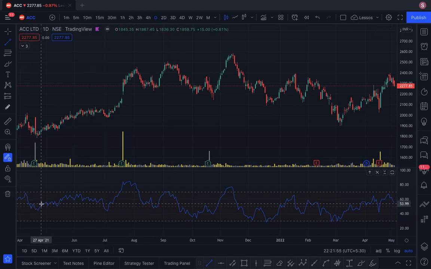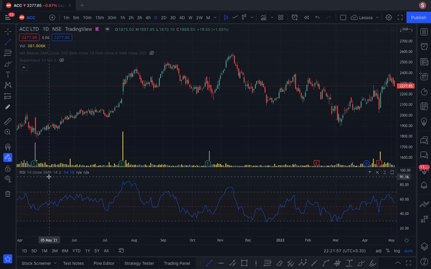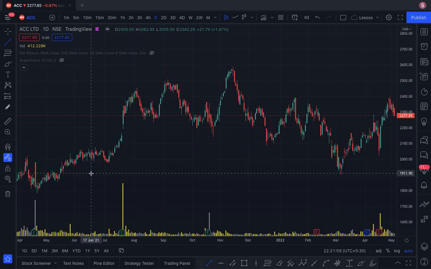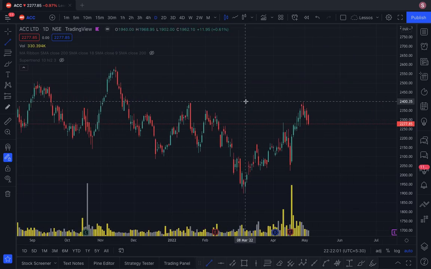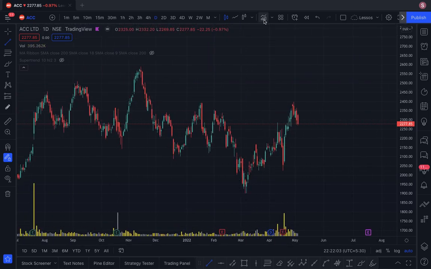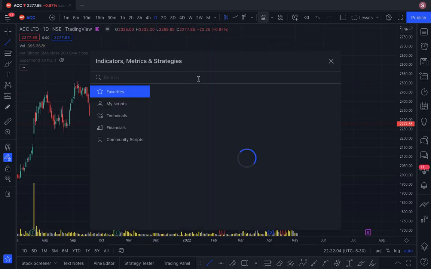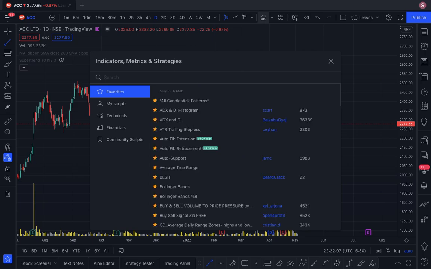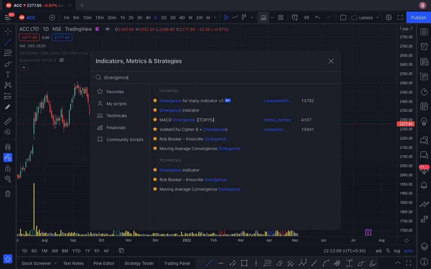So let me throw away this RSI, and in its place I'll put another indicator. You simply go to the indicator section and write divergence. All right, write divergence indicator, and you choose this particular divergence indicator.